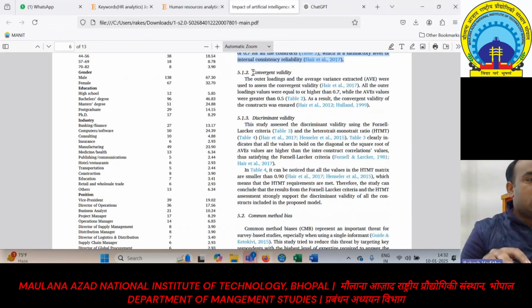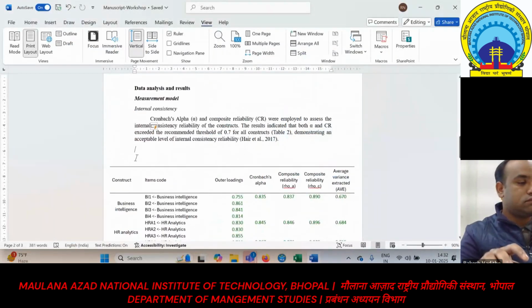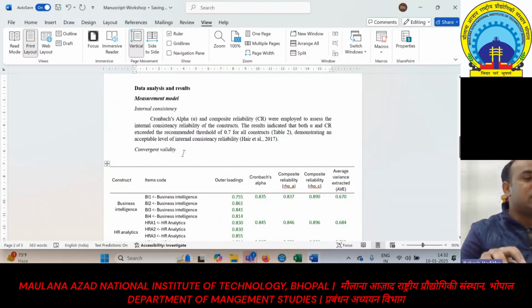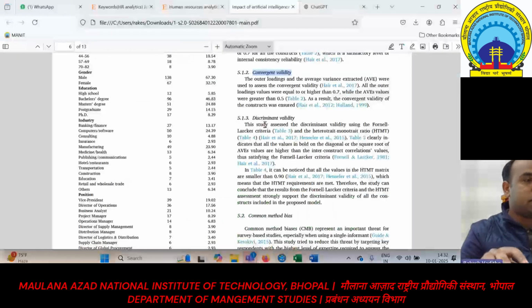Okay, next one, convergent validity. In convergent validity, what we have to measure is the outer loadings and AVE, which are used to assess the convergent validity according to Hair et al.